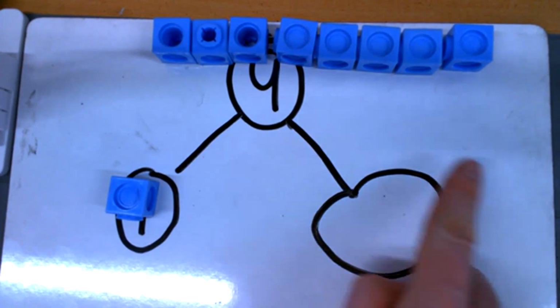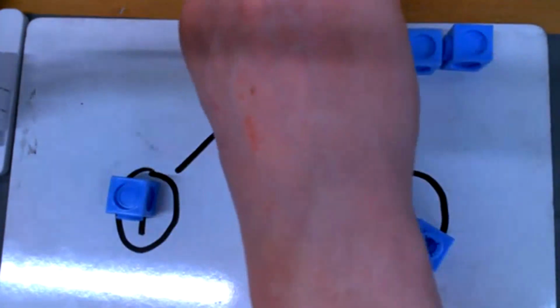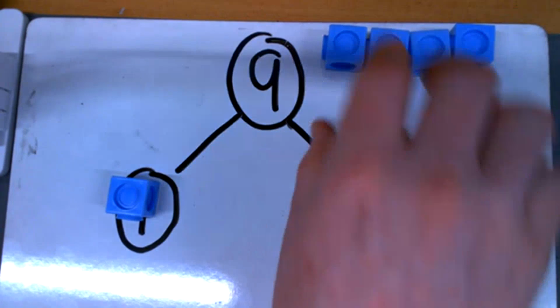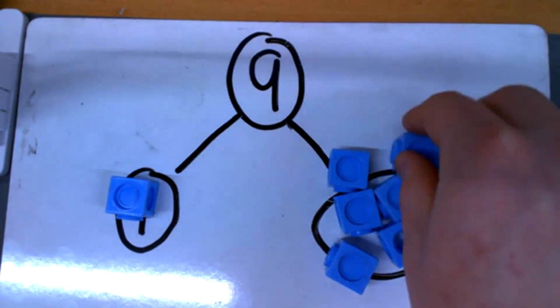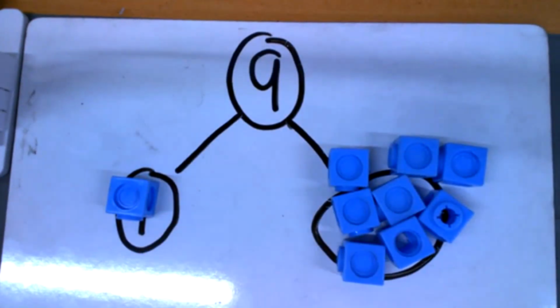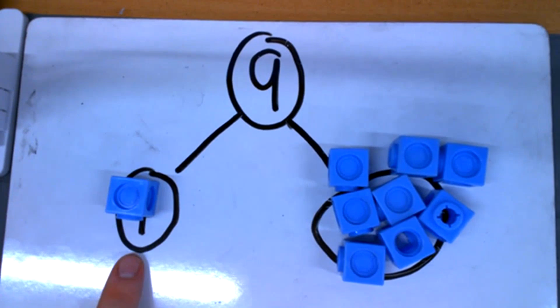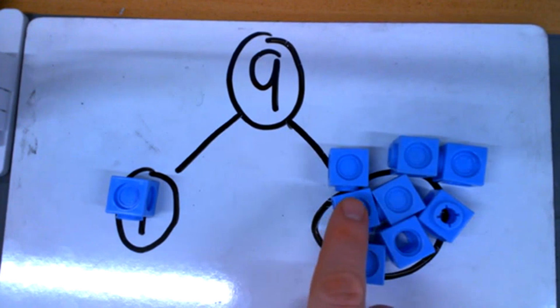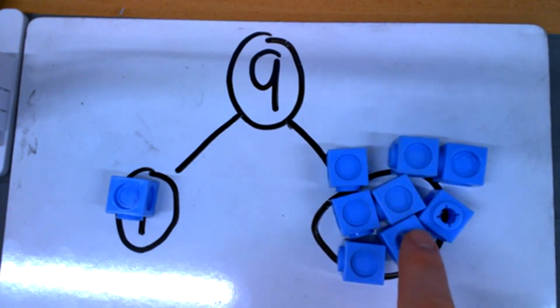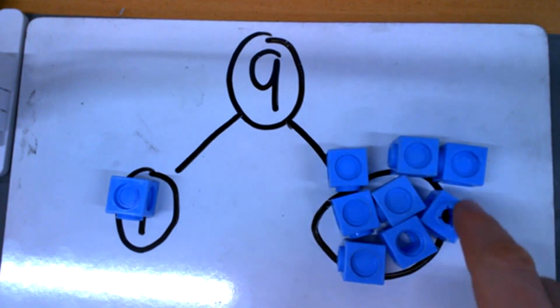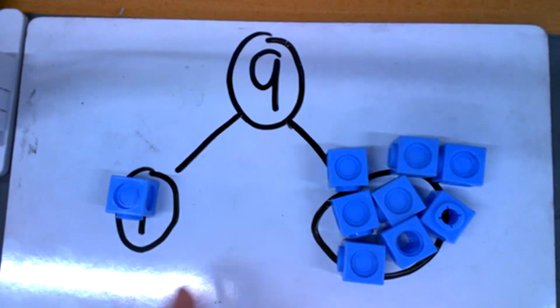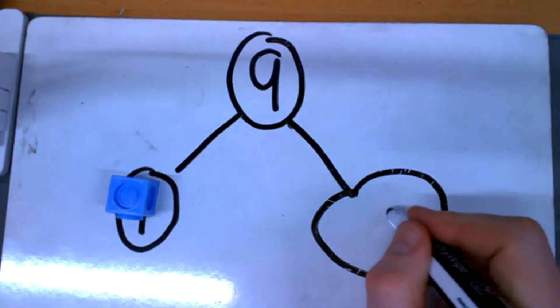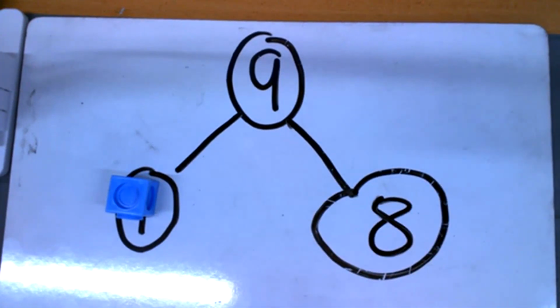Yes, I need to put them in here. So in you go, like this. So I've split my whole number into 2 parts. Now let's work it out. So in this part I have got 1, and this part I have got 1, 2, 3, 4, 5, 6, 7, 8. 1 and 8 makes 9. Okay, let's write that in.